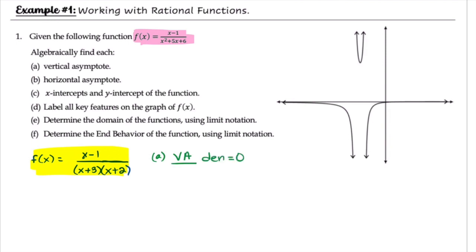In this case, I'm going to look at the factor form, because I'm going to set my x plus 3 factor times x plus 2 factor equal to 0, giving me my answer a lot quicker than me having to factor it. So I have two vertical asymptotes. x is equal to -3 and x is equal to -2. Next one we want to find is the horizontal asymptote.